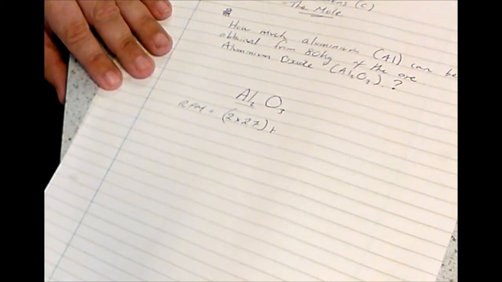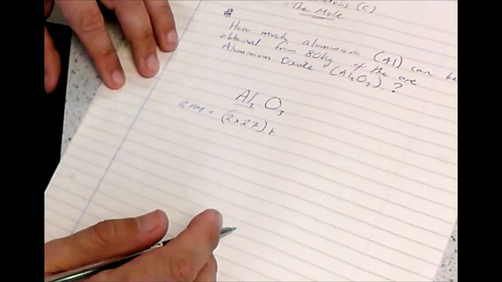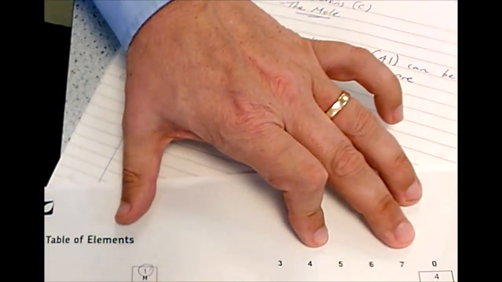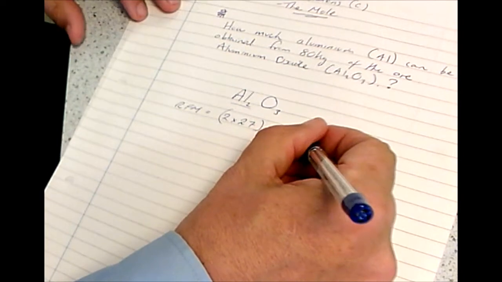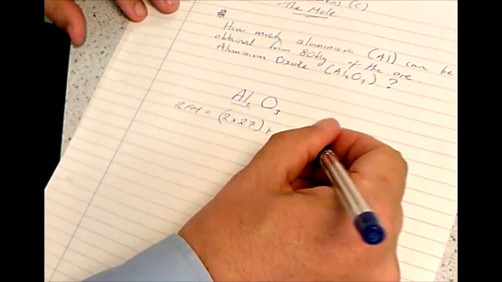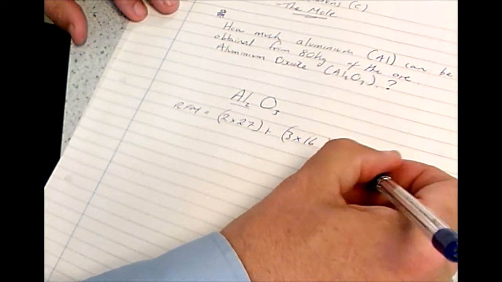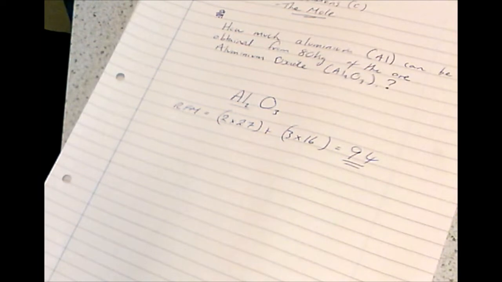The remainder of the formula is the oxygen, which has a relative atomic mass of 16. So we go 3 times 16, and if we add all of that together it works out to be 94. The relative formula mass of aluminium oxide adds up to 94.